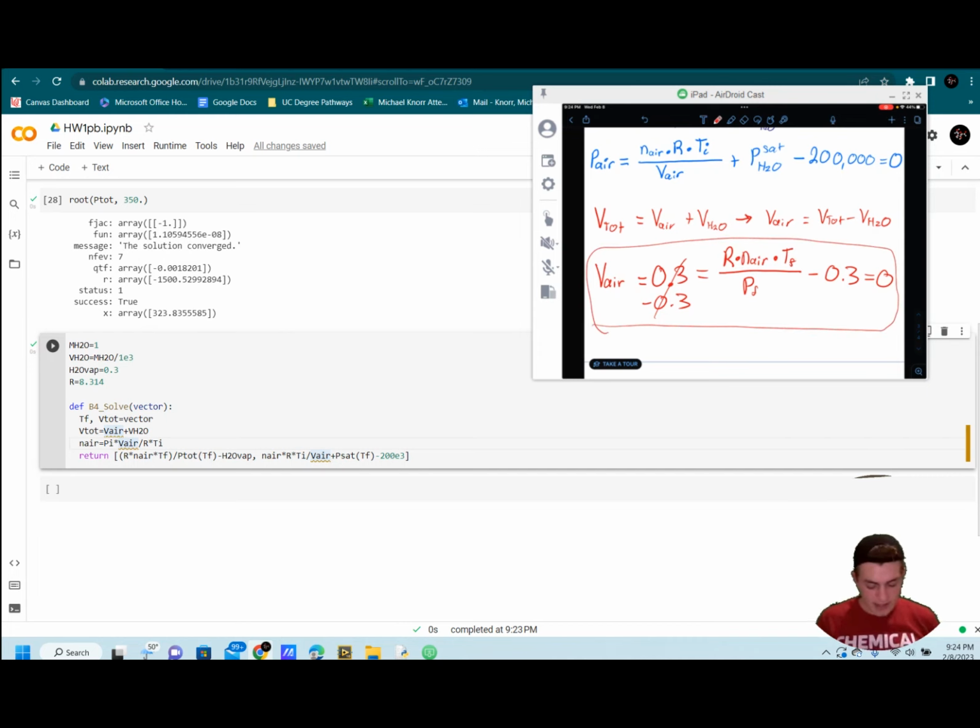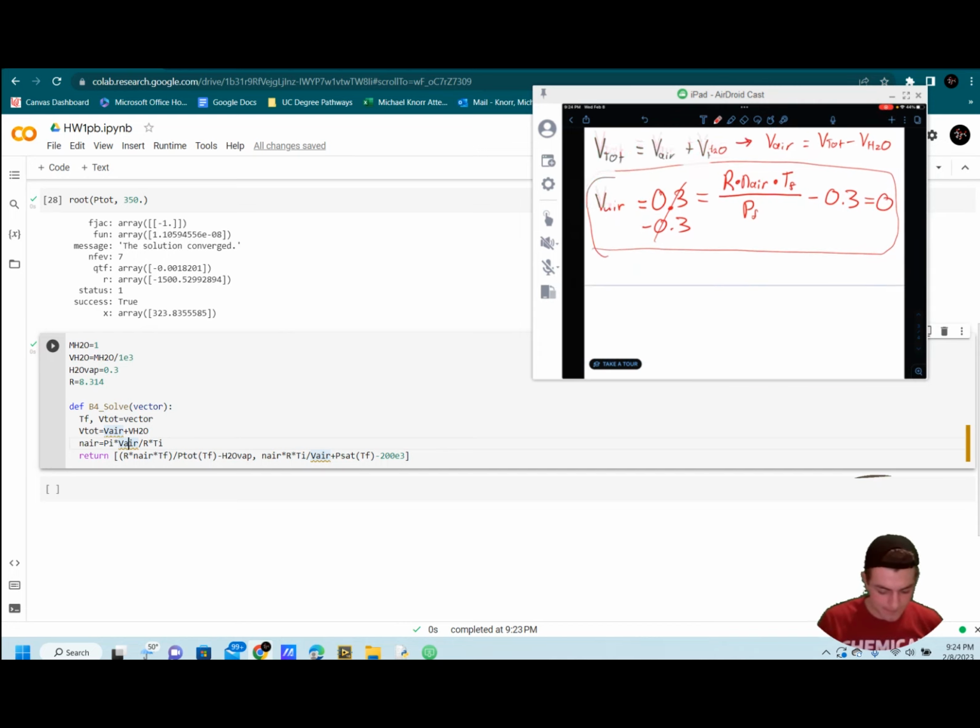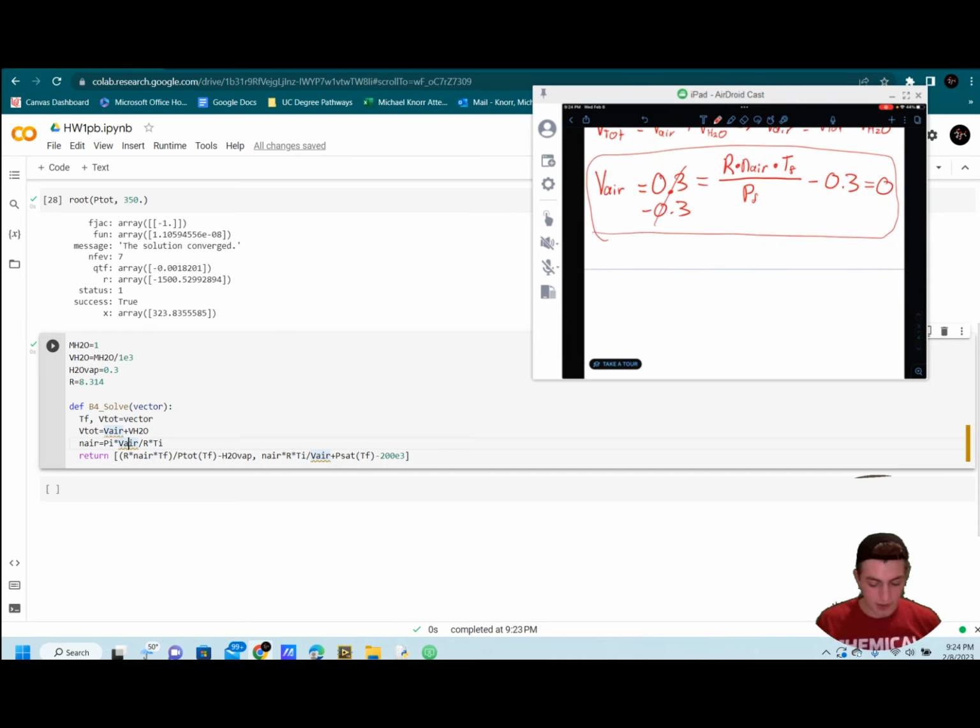We can rewrite that in terms of and solving it as equal to the pressure. So basically we're just going to exchange the pressure value with the volume of air value.